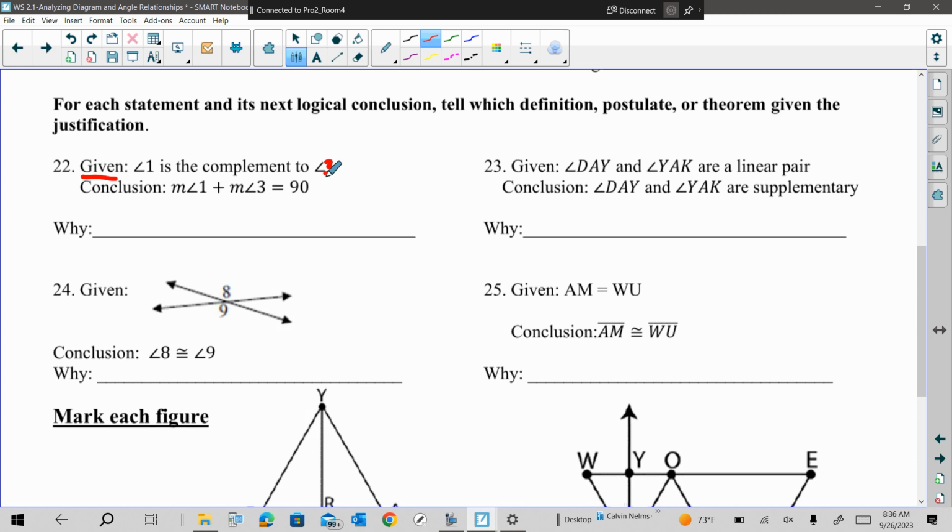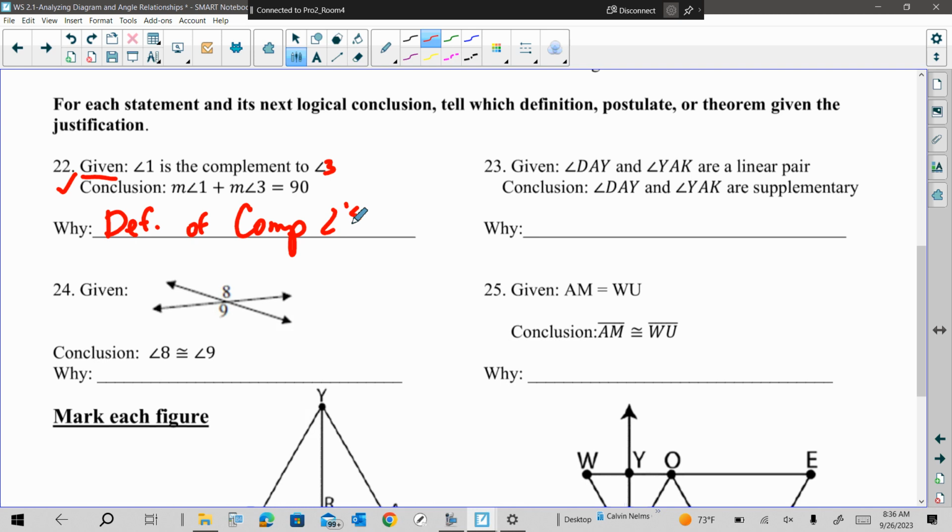So can I conclude the measure of angle 1 plus angle 3 equals 90? Yes, you can make that conclusion. So this is yes. And what would be our reason to make that conclusion? Yep, definition of complementary angles. And I'm just going to abbreviate that.